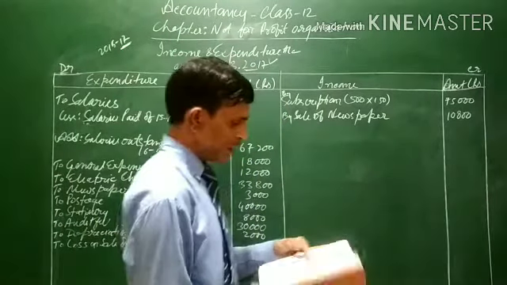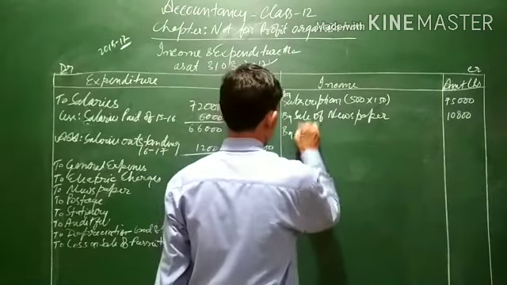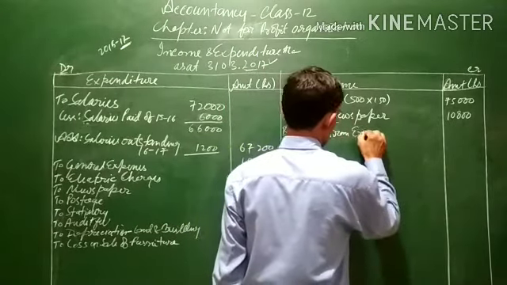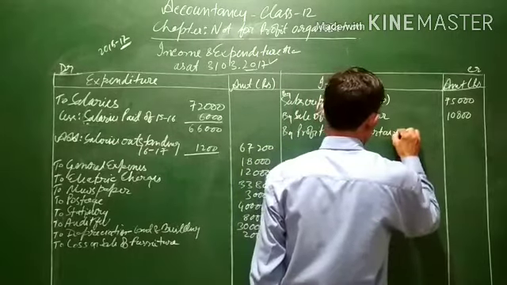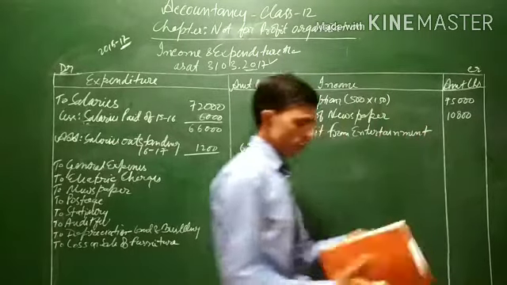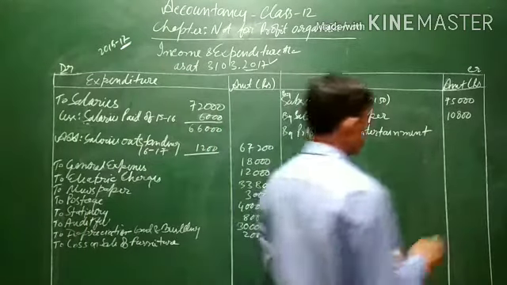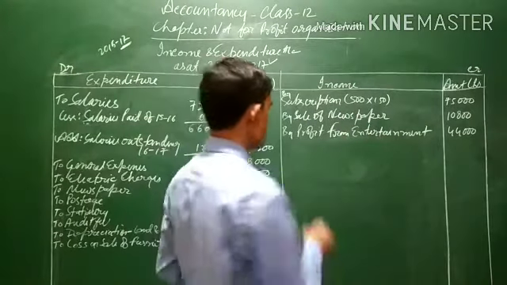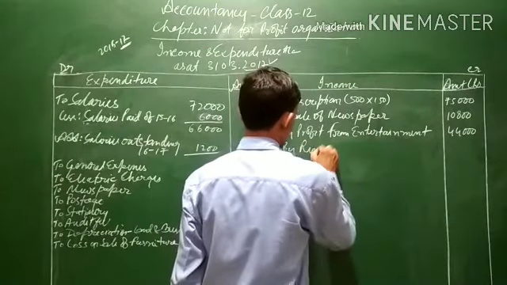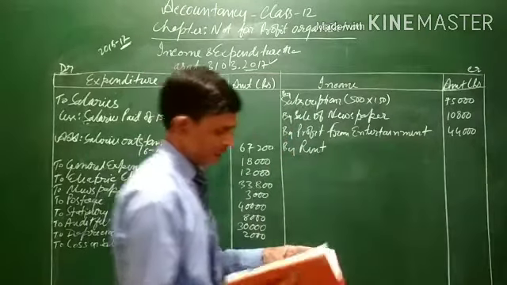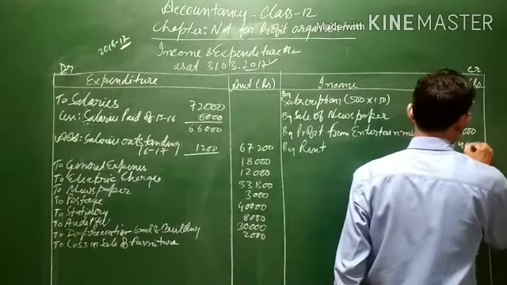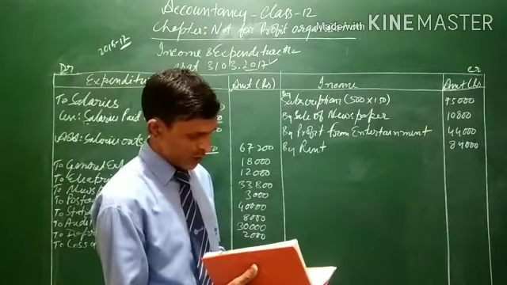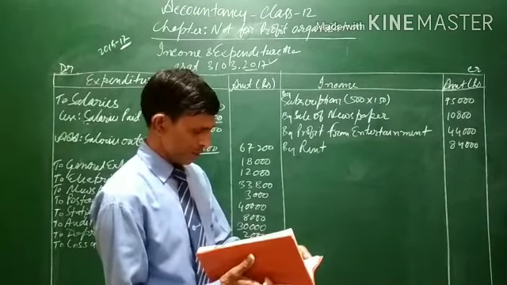Next is profit from entertainment. By profit from entertainment, the amount is 44,000. Now rent. Rent has also been received, by rent 84,000. No more items are mentioned here.